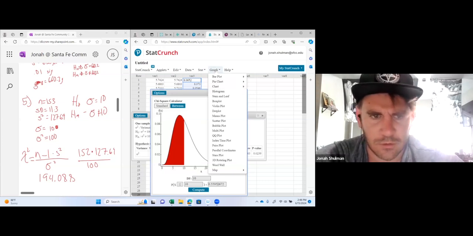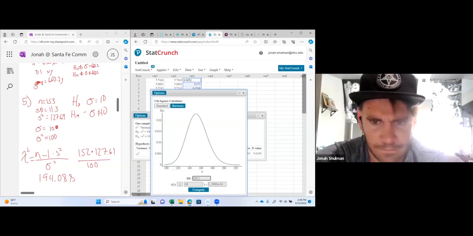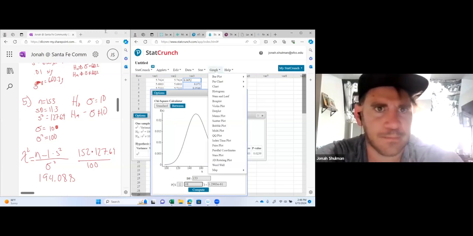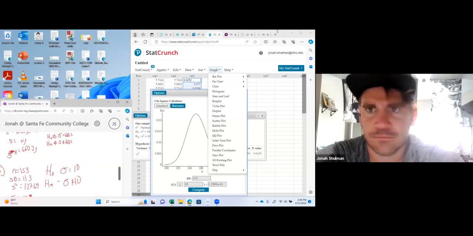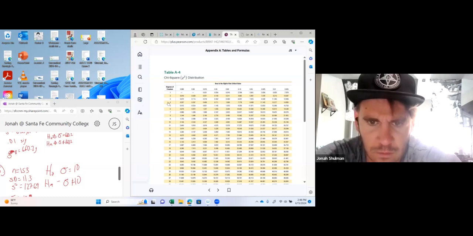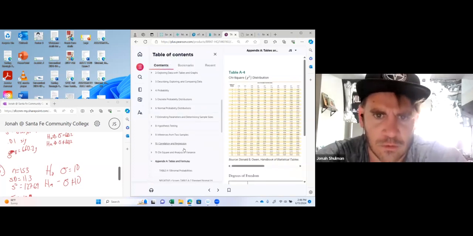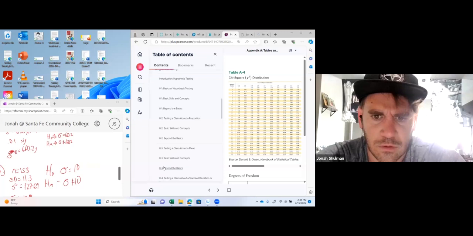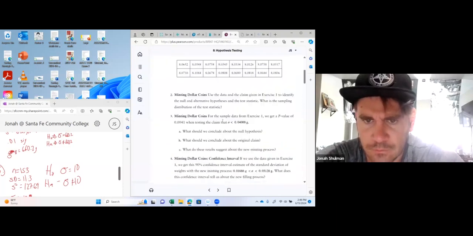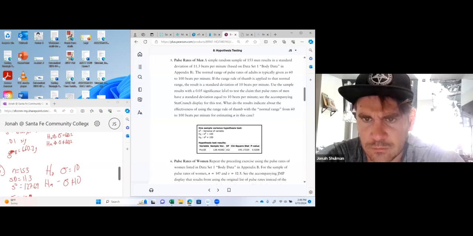And we want this to be our degrees of freedom of 153. And we want this, and we're at 0.05.